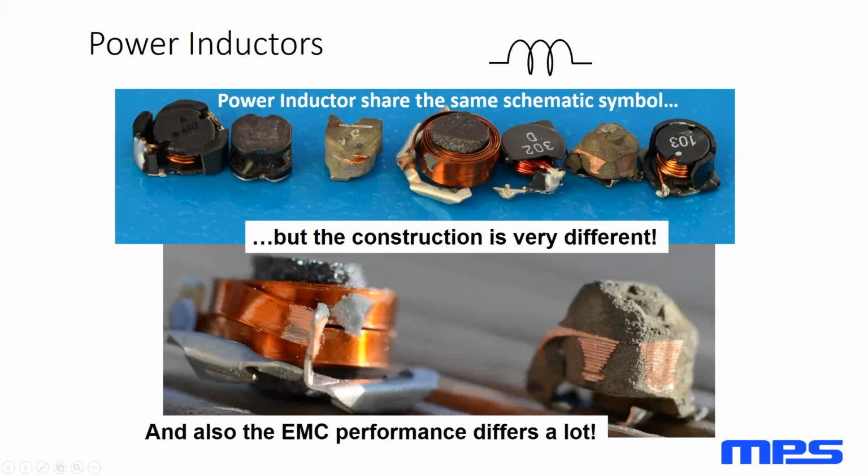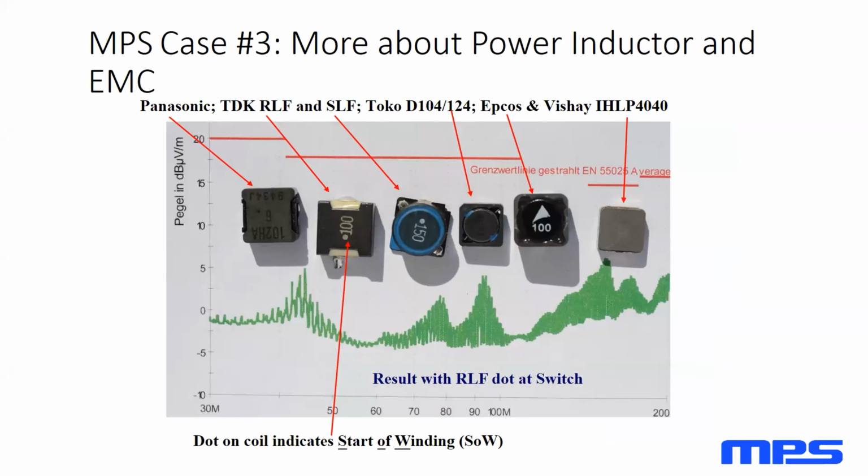The wire type, they're not all constructed the same. They're not all shielded. Some are semi-shielded. Some say they're shielded, and they're shielded to different degrees. So you're going to have to investigate that either with the inductor suppliers or go with some best practices or things that you've learned along the way.